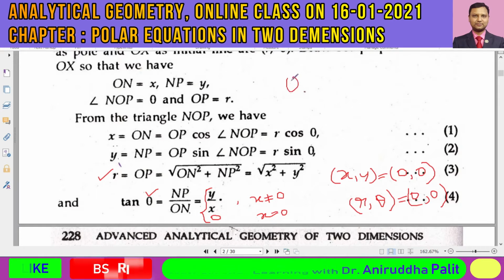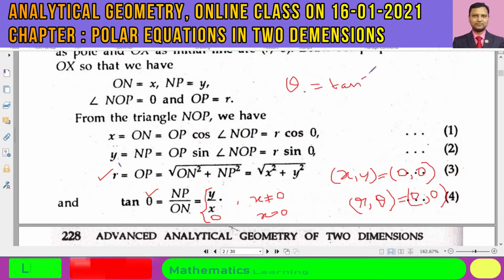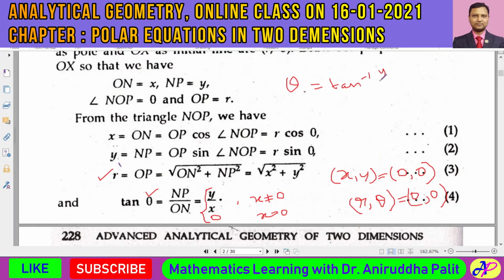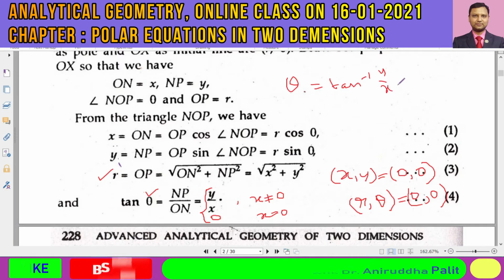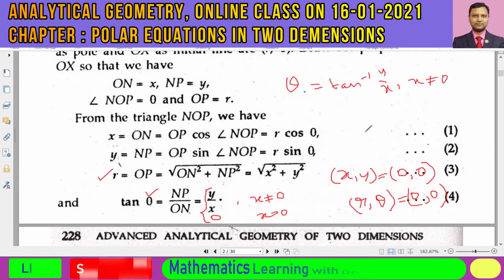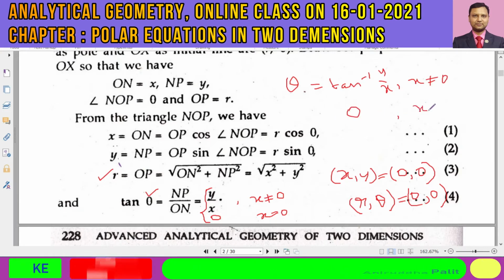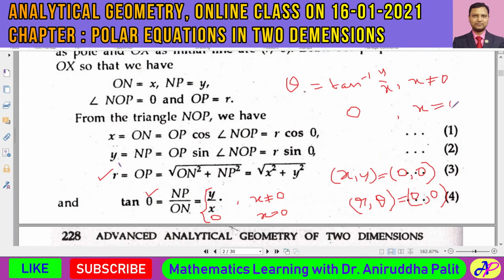You see, theta is equal to tan inverse of y by x when x is not equal to 0. And this should be equal to 0 when x is equal to 0.